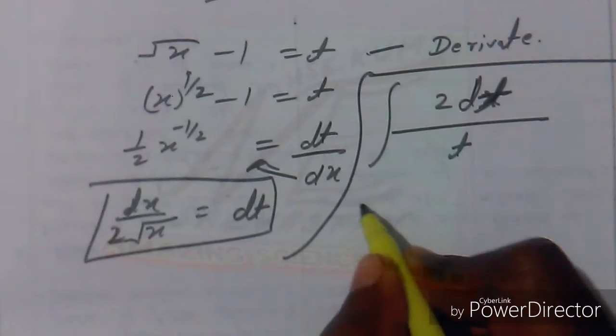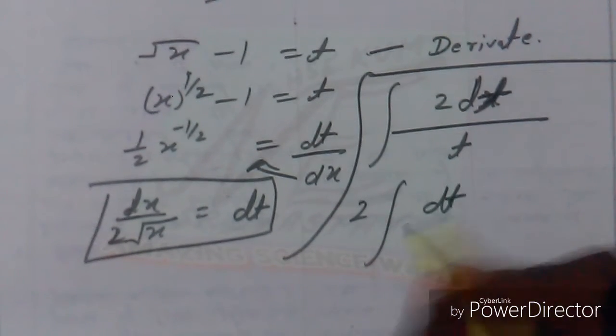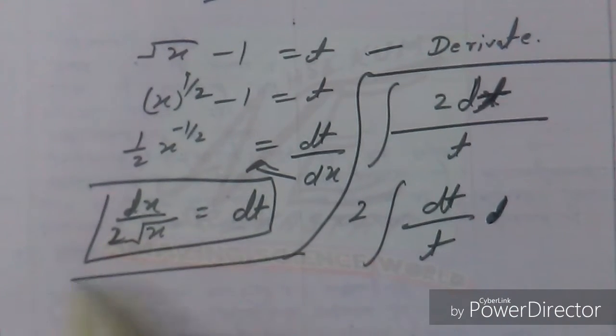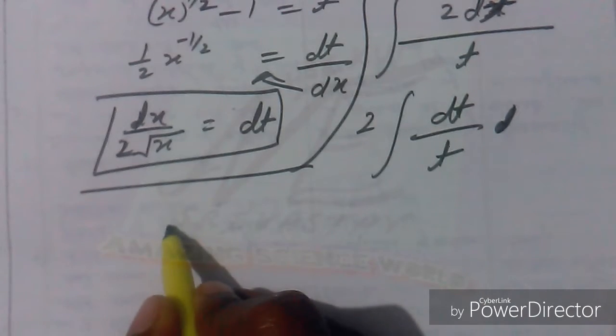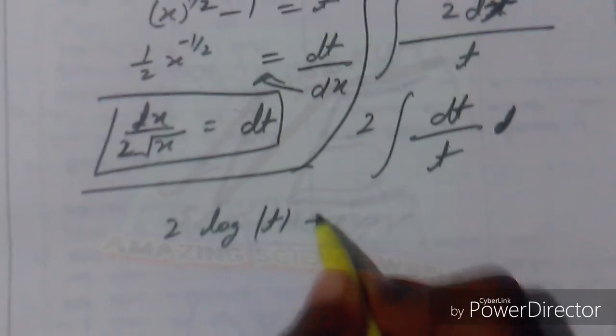Now 2 is a constant, so we take it out, and dt by t. Now we integrate this equation, and what will come, that is 2 log mod t plus c.